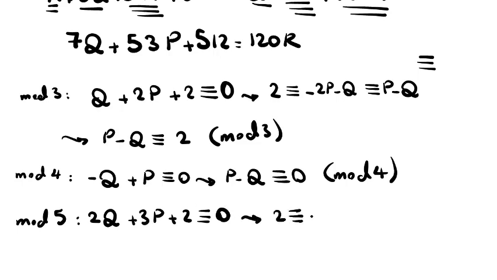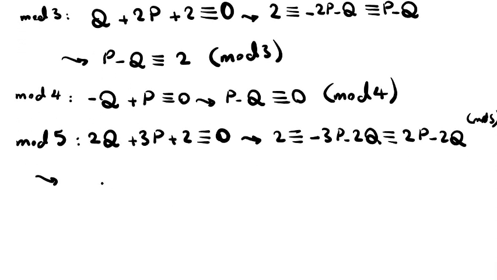So 2Q, negative 3P, negative 2, which is 2P mod 5 minus 2Q. So because it is mod 5, and because 2 and 5 are coprime numbers, you can divide both sides by 2. So P minus Q mod 5 is 1.